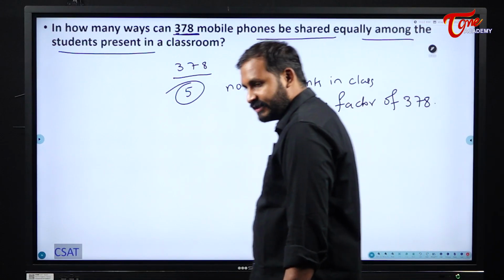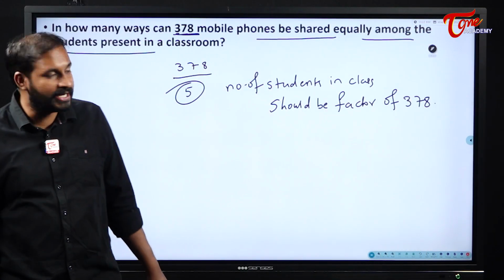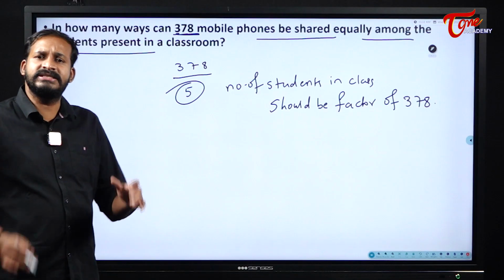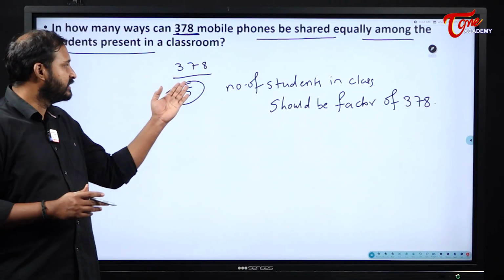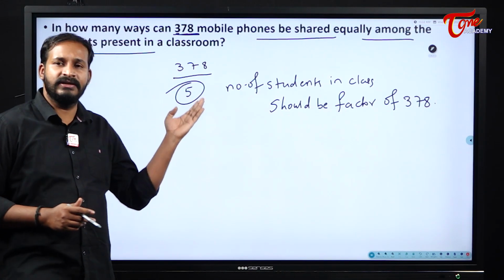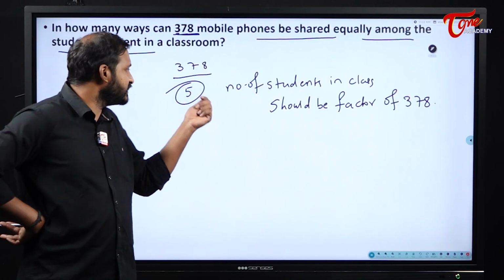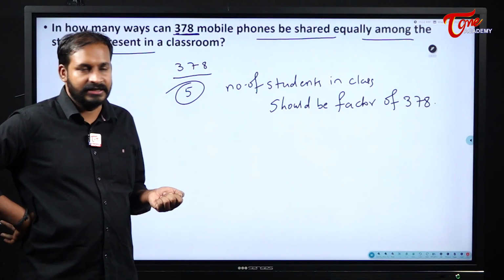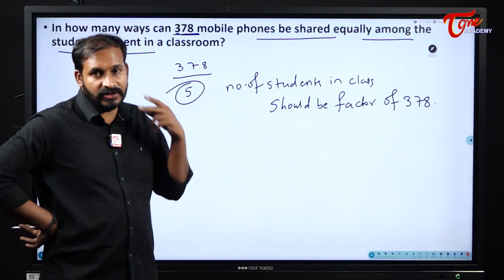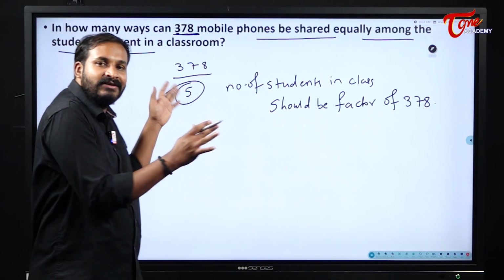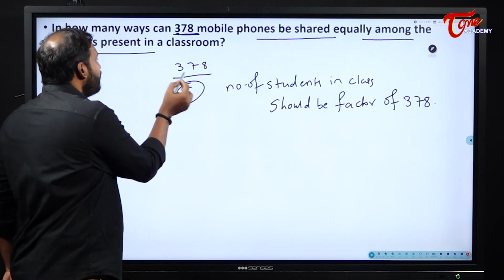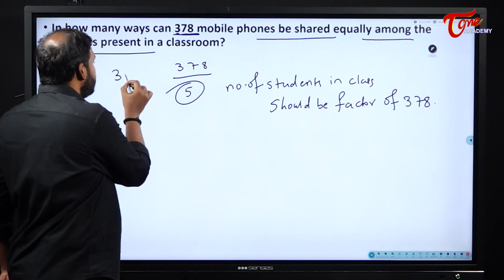Then only we can divide equally, else we cannot divide equally. If there are 5 students in the class, I cannot divide it equally. Why? Because 5 is not a factor of 378. But if I have 2 students in the classroom, I can divide it equally, right? Why? Because 2 is a factor of 378. So what I will do? 378 by 2.